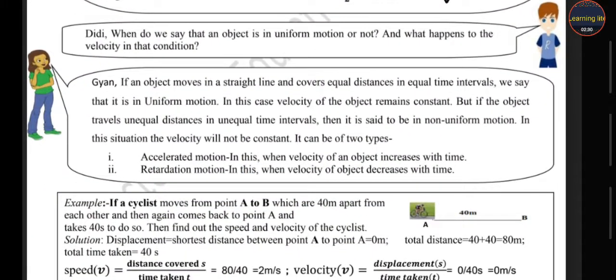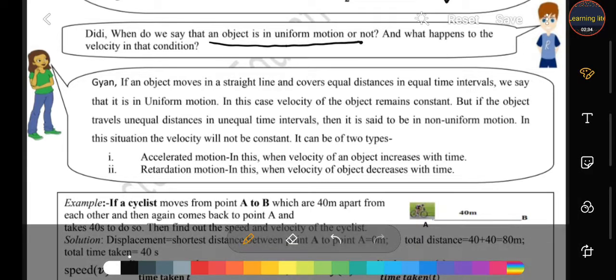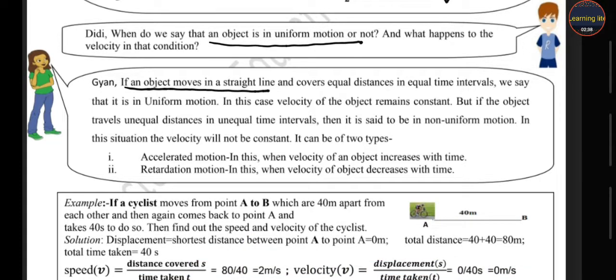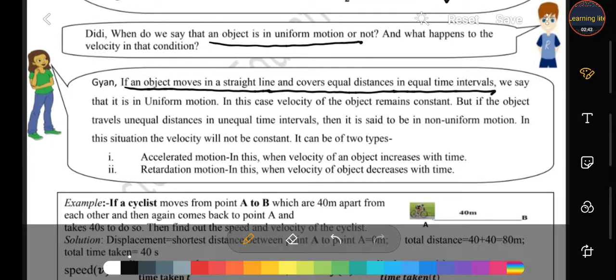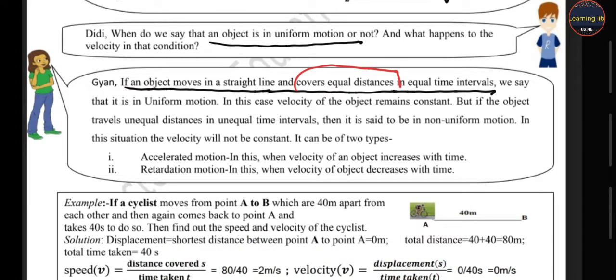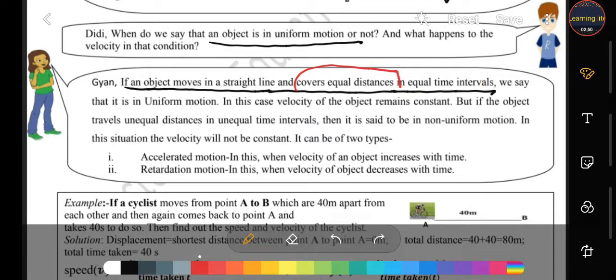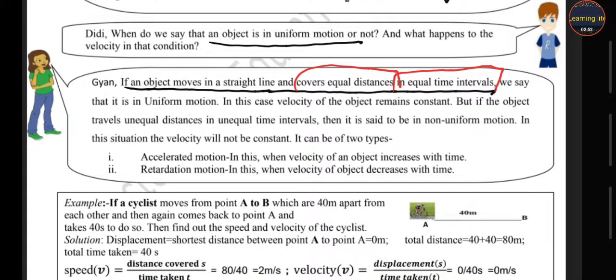Didi, when do we say that an object is in uniform motion or not? So Jigyasa explains, if an object moves in a straight line and covers equal distances in equal time, students, this is a very important point, when it covers equal distance in equal intervals, then it is called uniform motion.